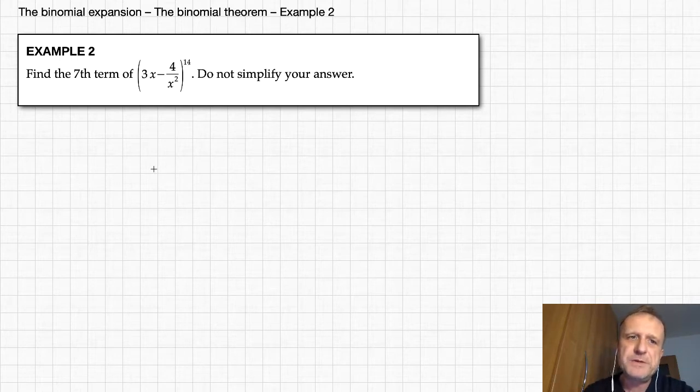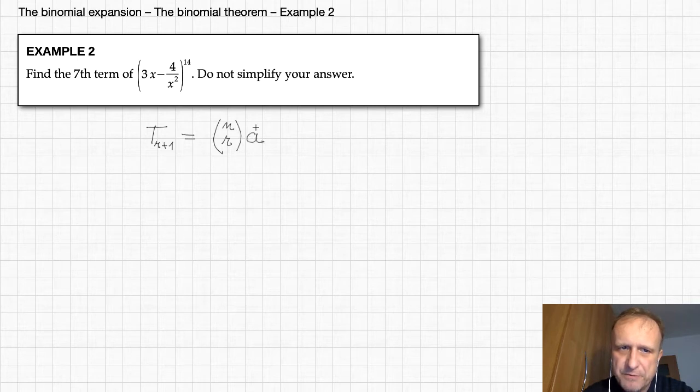Okay? So, in this problem, I'm going to employ this formula for the r plus 1th term, which says that this term is n choose r, times a to the power of n minus r, times b to the power of r.